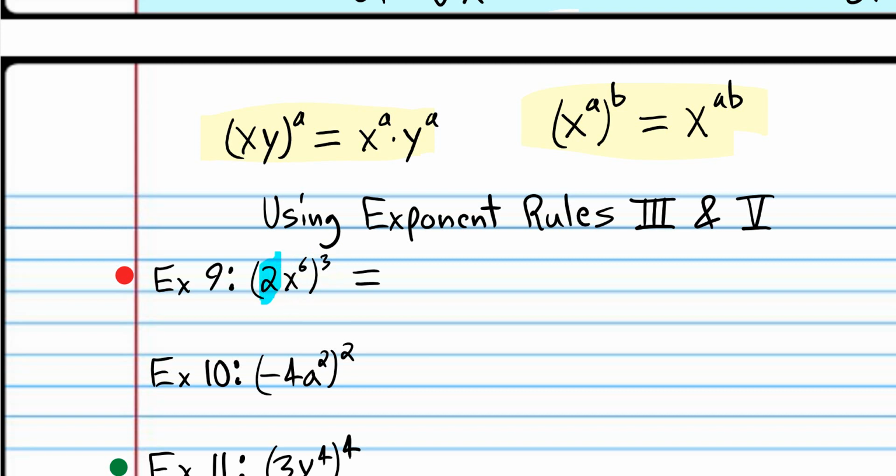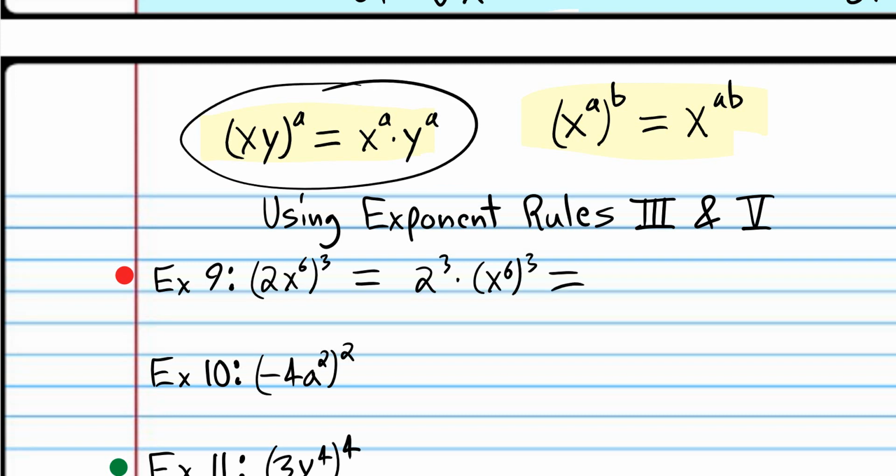It's a product because we have 2 times x to the 6th raised to the third power. So using rule number 3, we have 2 to the third power times x to the 6th to the third power. That's this rule here.